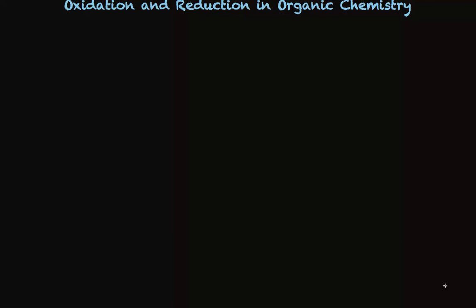The definitions of oxidation and reduction within inorganic chemistry are quite clear and very straightforward. Oxidation is the loss of electrons, the gain of electrons is reduction, and it's pretty easy to tell which has happened.